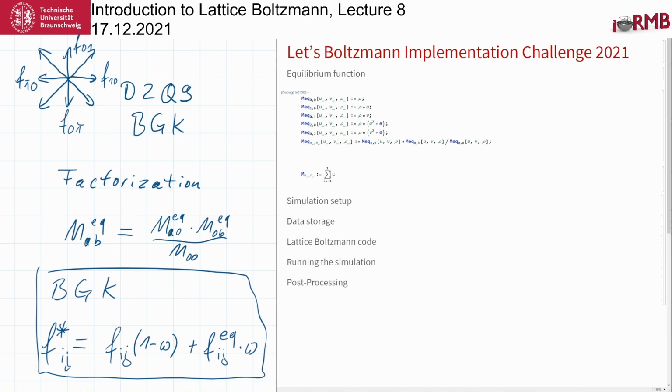So I delete this, and we have to write another sum here. So that goes from J equal to minus 1 to 1. So now it's J from minus 1 to 1, right?